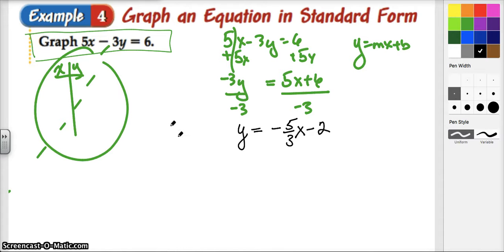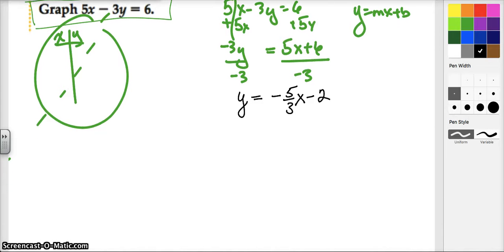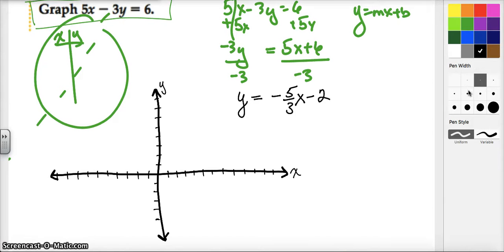Now graphing's not too bad of a problem. Of course, as usual, I need my x and y axes. Okay, with that there, we're going to start graphing. Now that I know that my y-intercept is -2, I'm going to start down at -2. And my slope, I don't know if you were wondering about this, but I left my slope as an improper fraction because it really does help me.